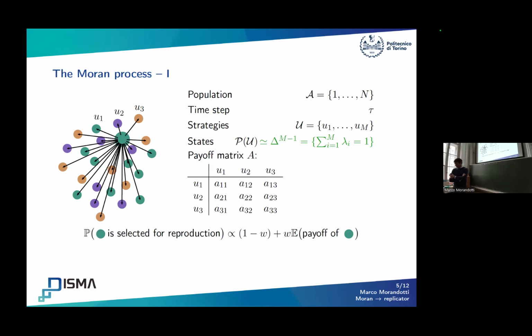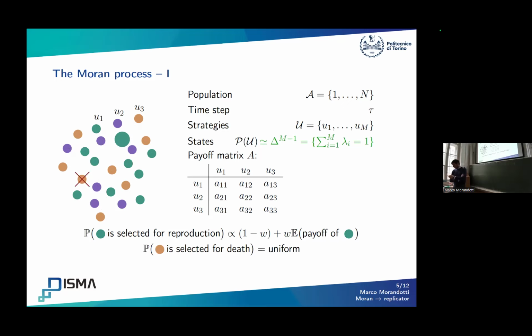Then I have a payoff matrix, and this one is basically the probability for an agent to be selected for reproduction. So that for reproduction is proportional to that thing which is the fitness. And the fitness is a convex combination of 1 and the expected payoff of the strategy carried by the big disk.